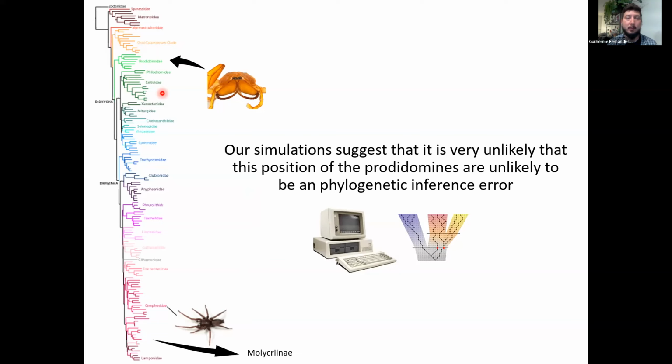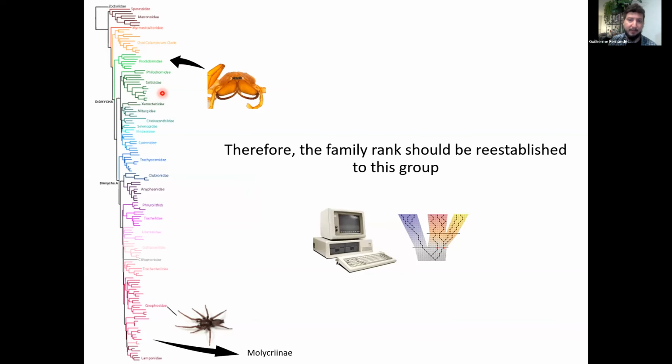We did other tests and also explored other possibilities, but it looks like that's what the molecular data, and also the combined data with morphology that we used, show. So the family should be established for this group, but Molecular should be kept in the Gnaphosids.